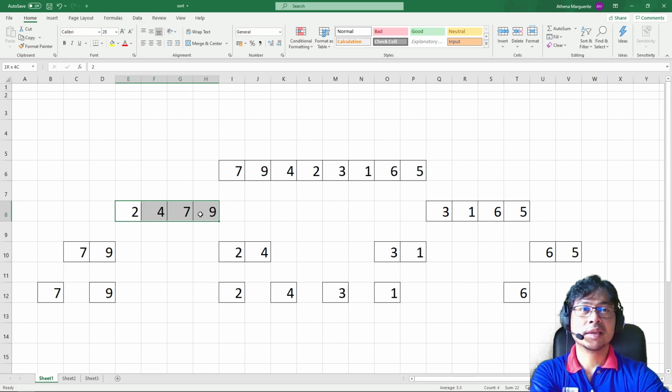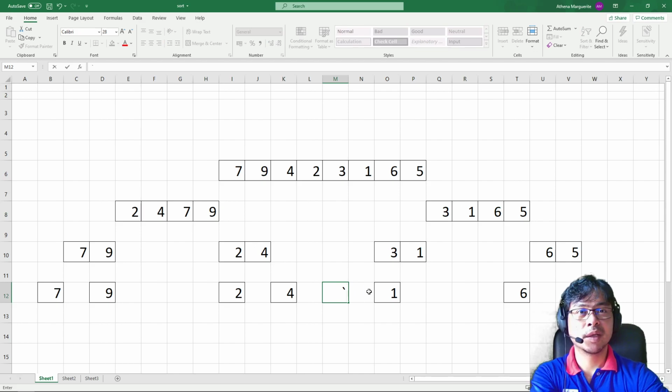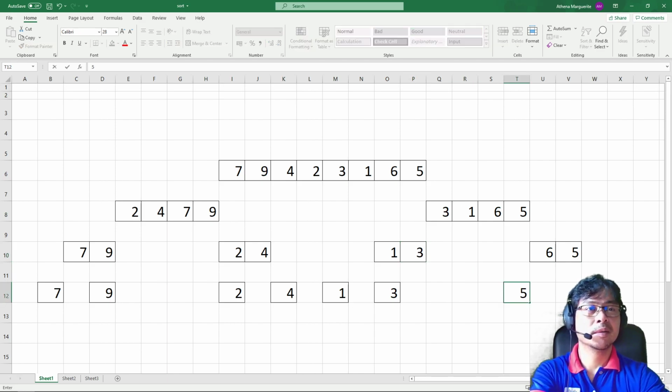Okay? You do the same on the other side. So split 3165, magiging 3 and 1. Then you're going to sort this 1 and 3. And then, ayan. Ganun din, bago siya umakyat dito, i-sort mo din dito, 5 and 6 dun sa other side. Okay? 5 and 6. And then going up here, 1, 3, 5, and 6.